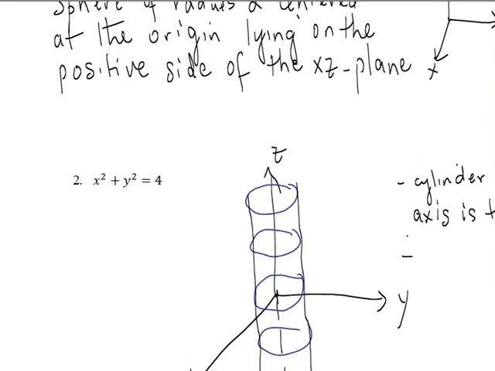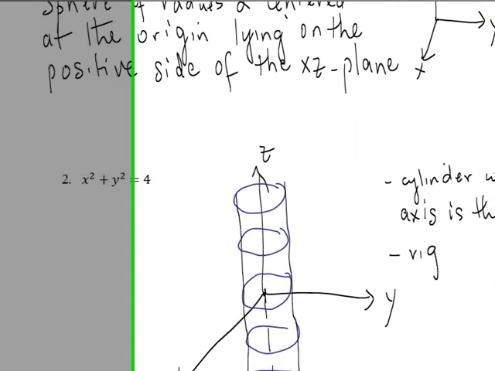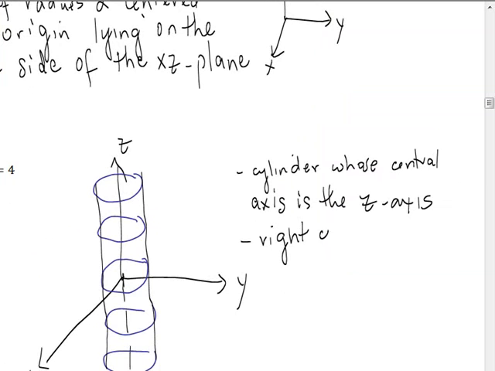Actually, the mathematical term for this, we call it a right circular cylinder. And let me just be more specific.